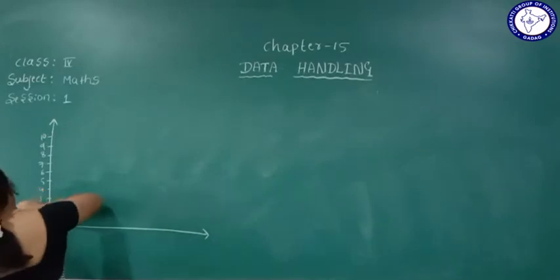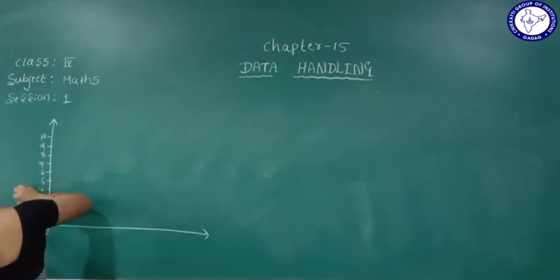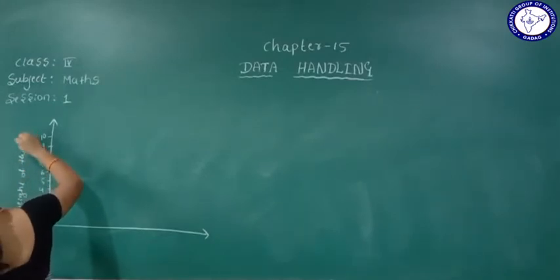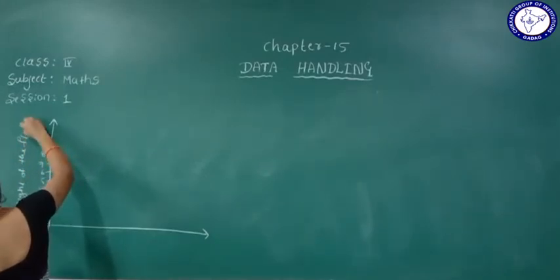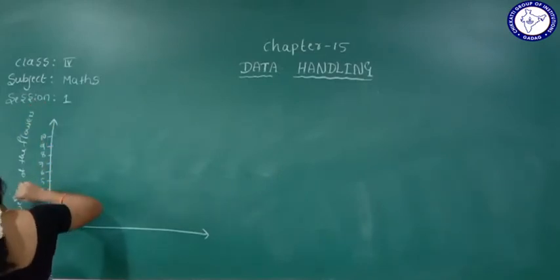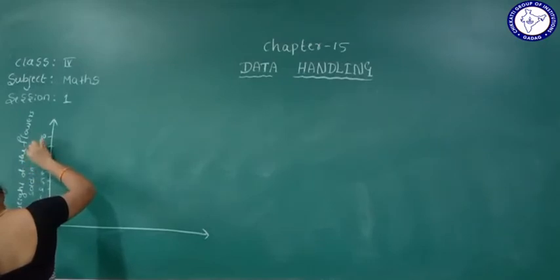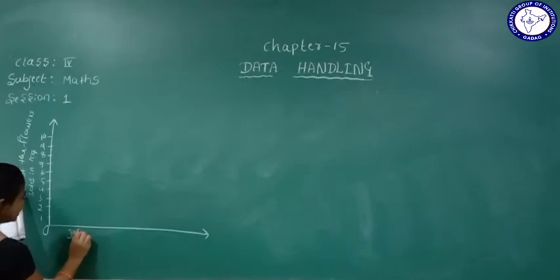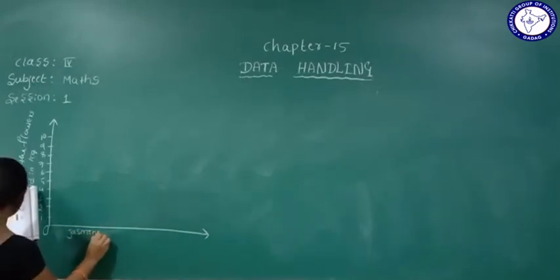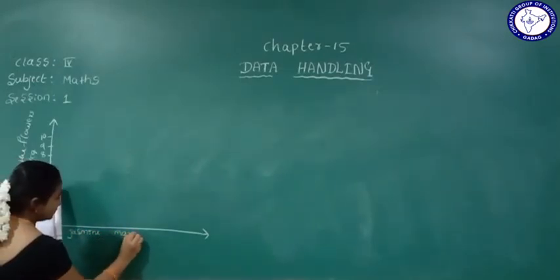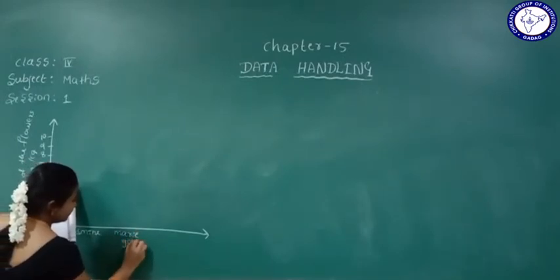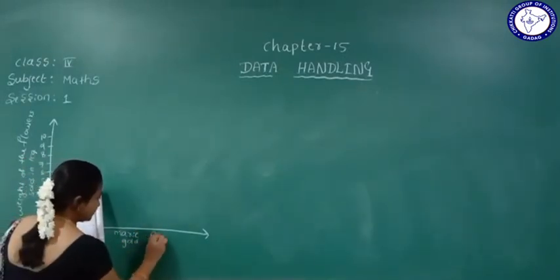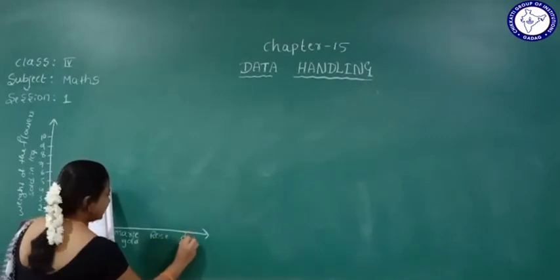These are all the weight of the flowers sold in kg, and here the flowers given are jasmine, marigold, next rose and dender.